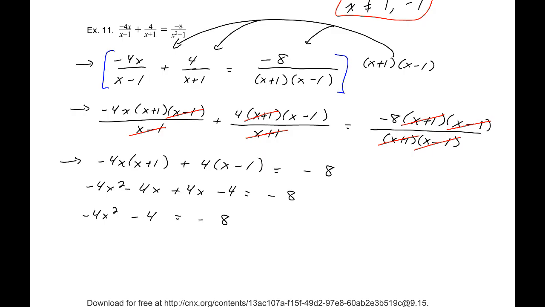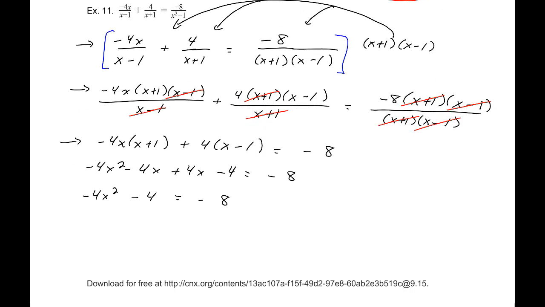And we can actually solve this by square roots, adding 4 to both sides gives us -4 on the left. -4x squared, dividing by -4, we have x squared equals 1. Taking the square root of both sides, we get solutions of x equals plus or minus 1.